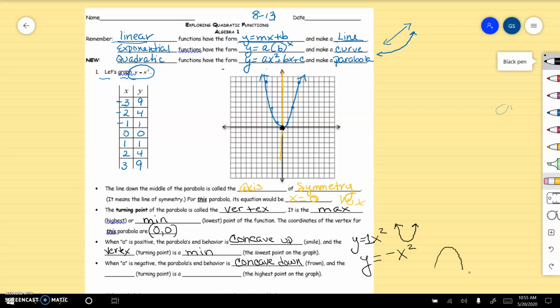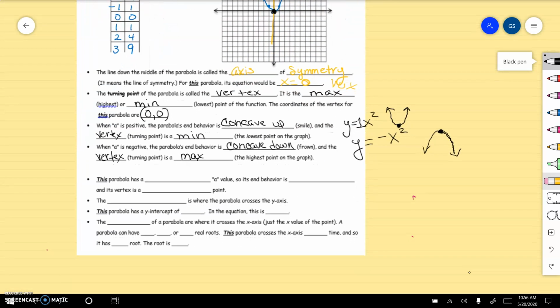So positive is up and gives you a smile. Negative is down and gives you a frown. It should be easy to remember. And the turning point, the vertex, wouldn't it be at the top of the mountain instead of at the bottom of the valley? It's at the top of the mountain, so it's going to be the max or highest point.